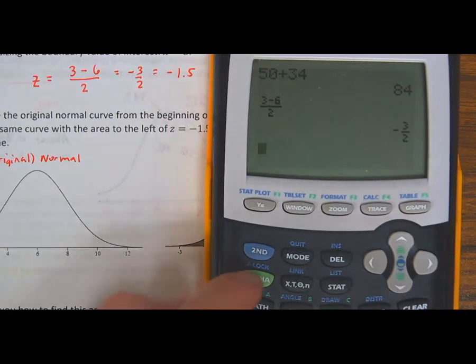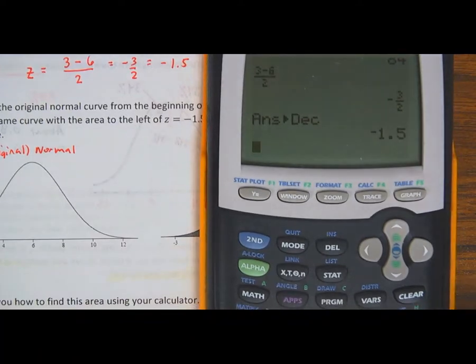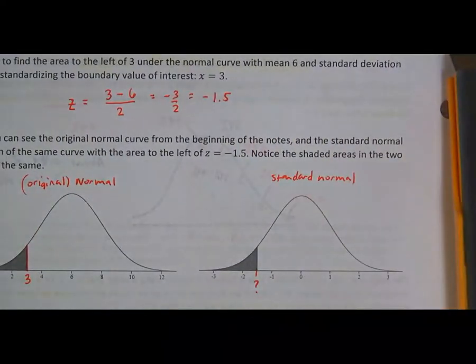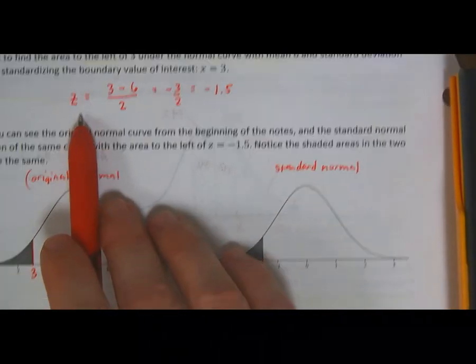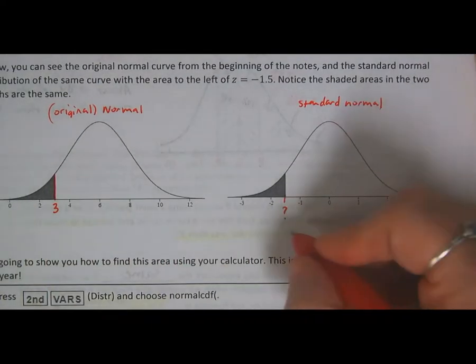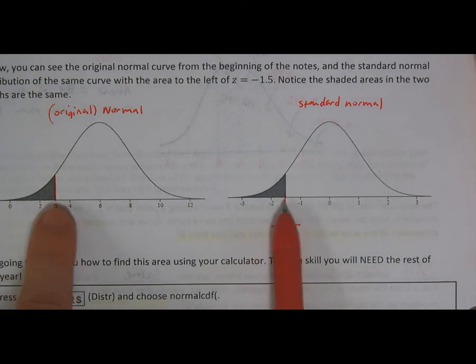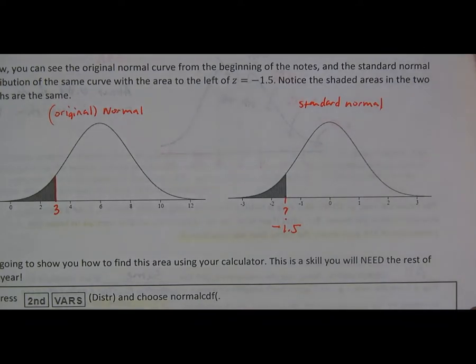And then you can have your calculator, if you hit math decimal, it can change it back into decimal form. So negative 1.5. If I lost you, here's what we just did. We took the original number 3, and it turns out on a standard curve, that number is negative 1.5. But the shaded area, the area to the left, is the exact same.